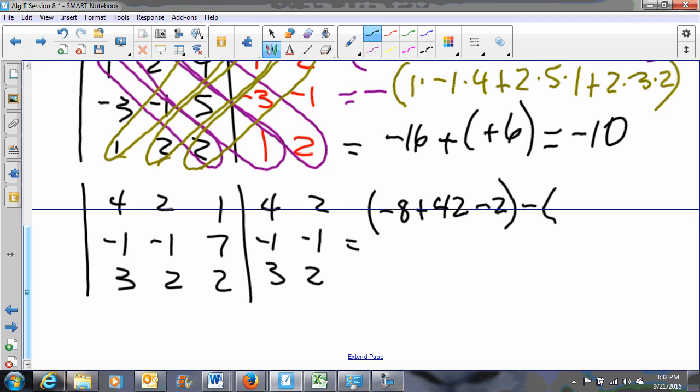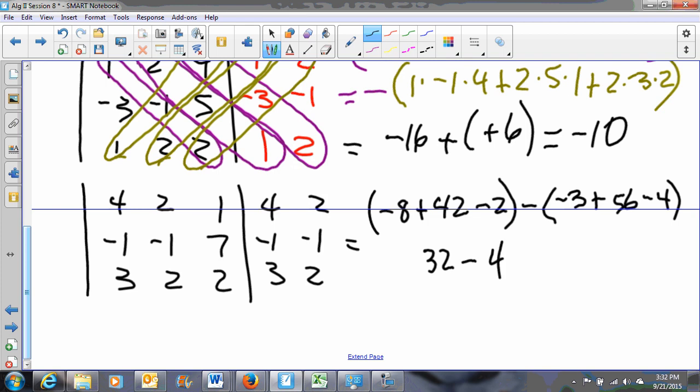From that we subtract the up diagonals. 3 times negative 1 times 1, that's negative 3, plus 2 times 7 times 4, that's 56, plus 2 times negative 1 times 2, that's negative 4. So in the first one, we get 32 minus, well, let's see, 56 minus 7 is 49.